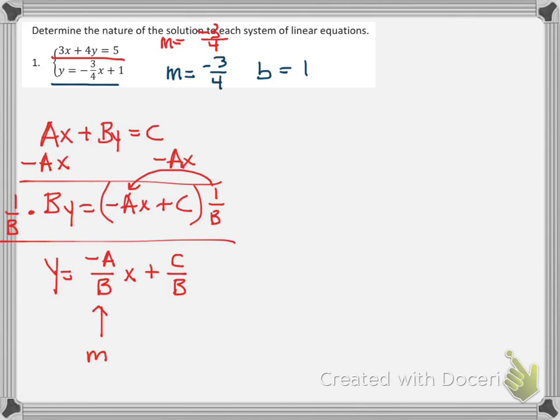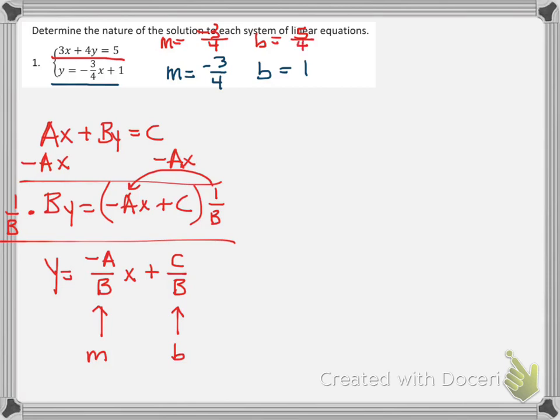Now I just need my y-intercept. The y-intercept is here, and that's our c value over our b value. So for this first equation, our y-intercept is our c value 5 over our b value 4.